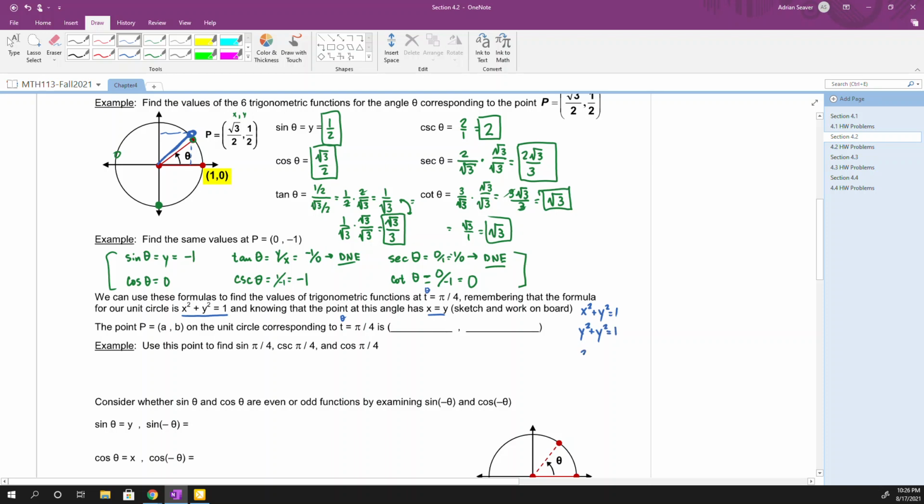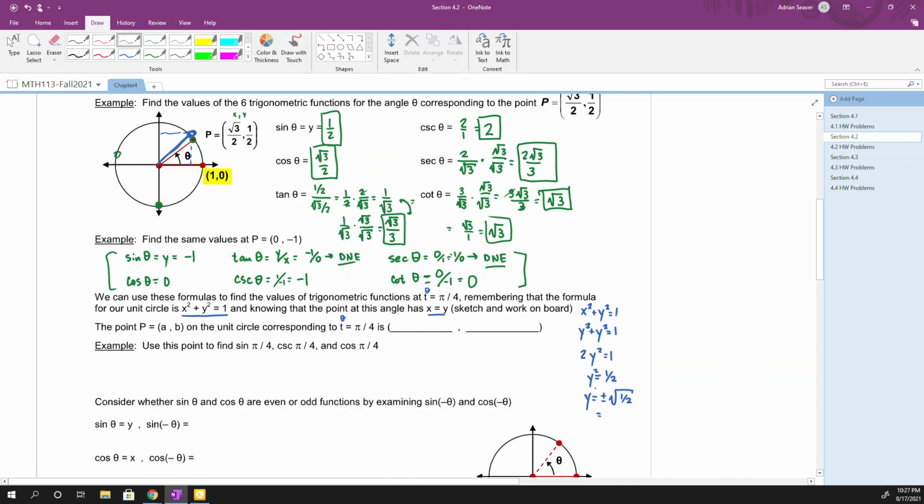Well, then I get 2y squared equals 1. Divide both sides by 2, I get y squared equals 1 half. And then to find the result, you would take the plus or minus square root of both sides. You'd say, well, y would have to be plus or minus the square root of 1 half.